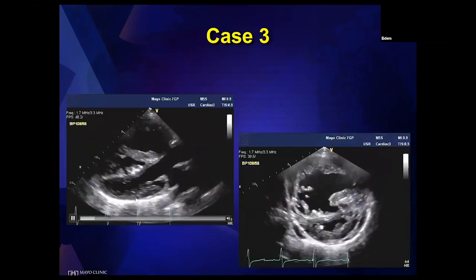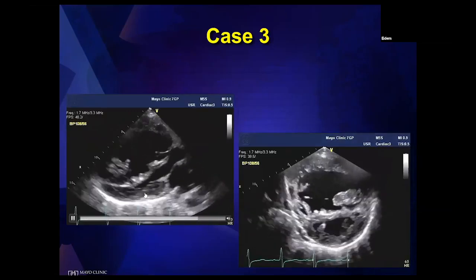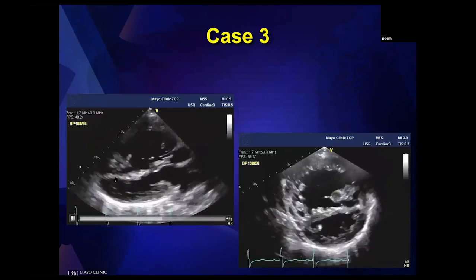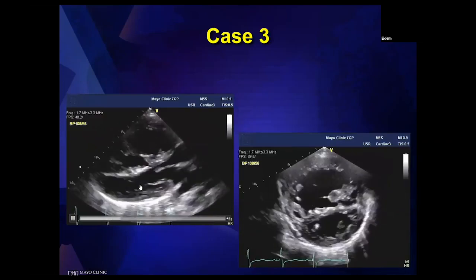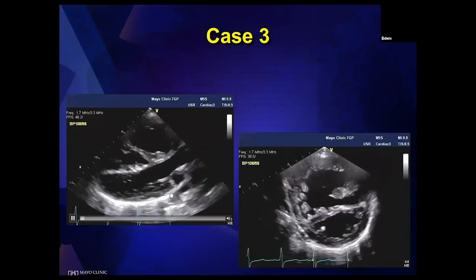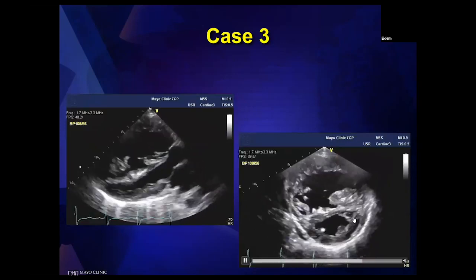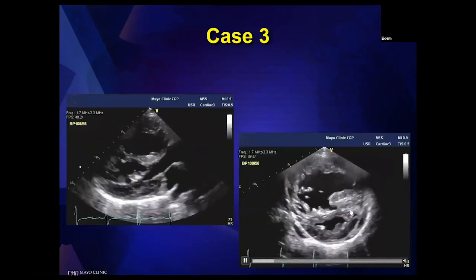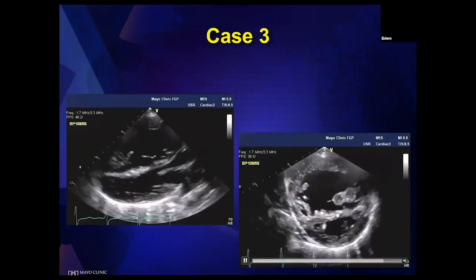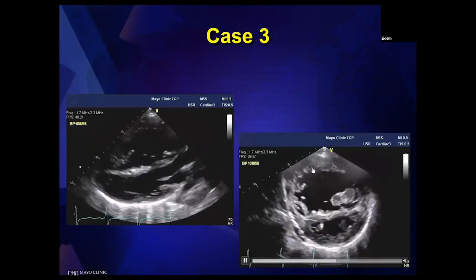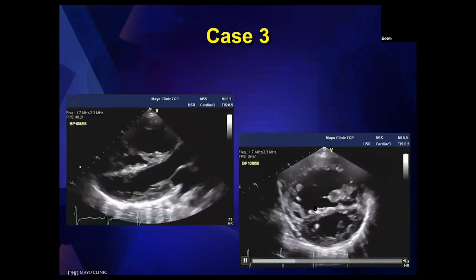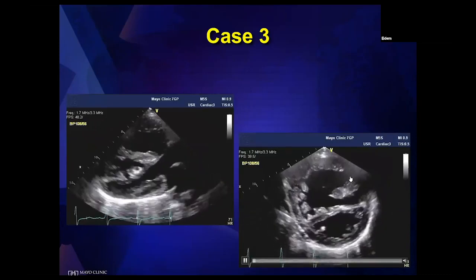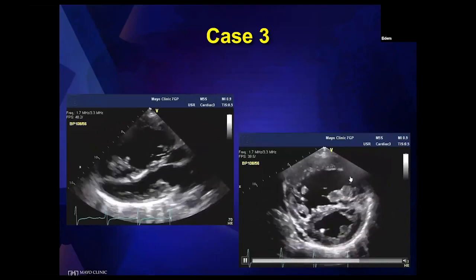Parasternal long axis imaging plane, we see significant dilatation and poor function of the right heart. We see compression of the left ventricle, and in the short axis, again, we see compression of that left ventricle, flattening or even reversal of the septal configuration consistent with suprasystemic RV pressure with severe dilatation, severe hypertrophy, and significant ventricular dysfunction of the right ventricle.